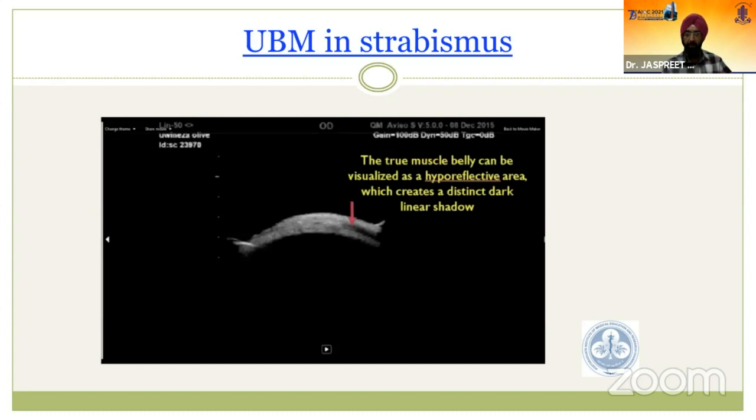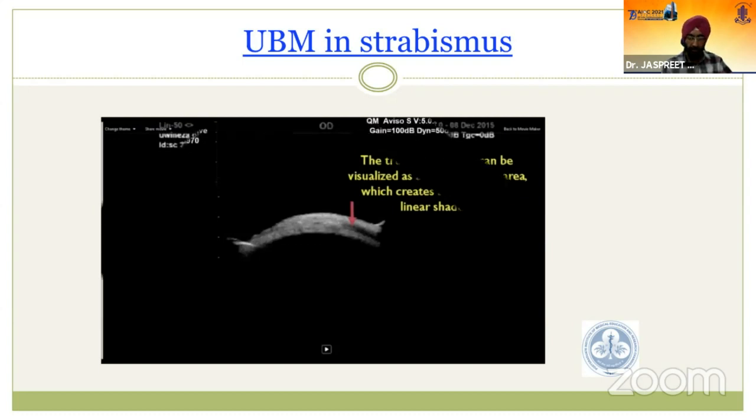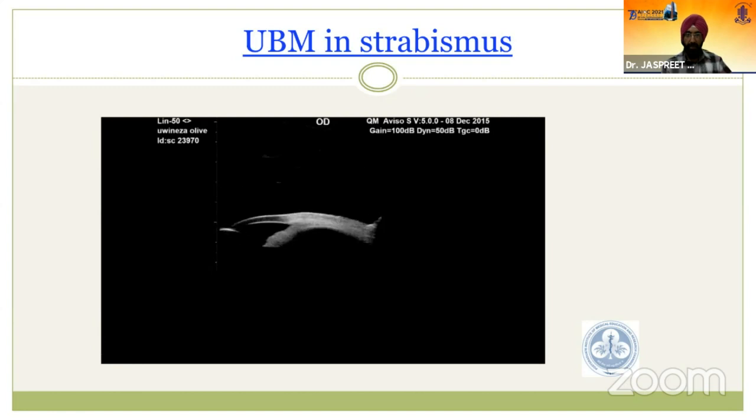This is what the muscle insertion is, from where the muscle would be starting. Without those markings, you're going posteriorly from the limbus, from the angle, and now you can see the black shadow. So this is where the muscle insertion is. That's how you delineate on the UBM where the actual muscle insertion is.